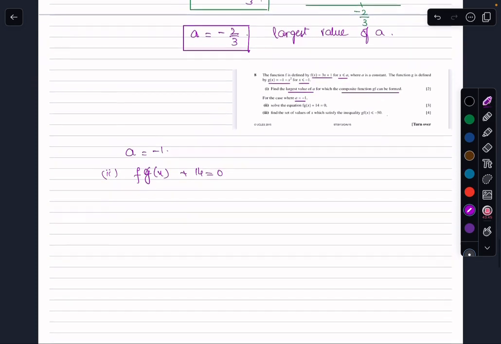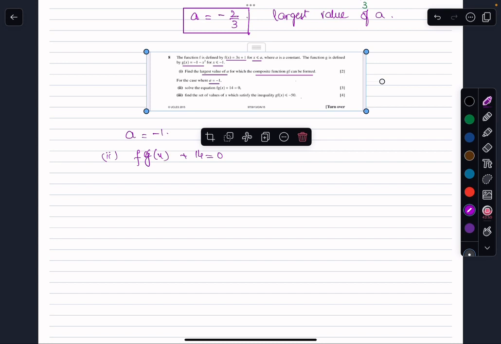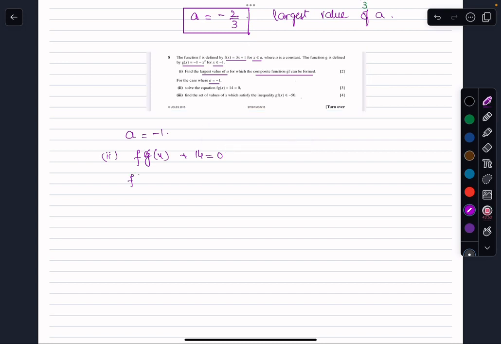So let's rewrite all the function values. f of x was equal to 3x plus 1, where the domain is x lesser or equal to a, and a is negative 1, so x should be lesser or equal to negative 1.